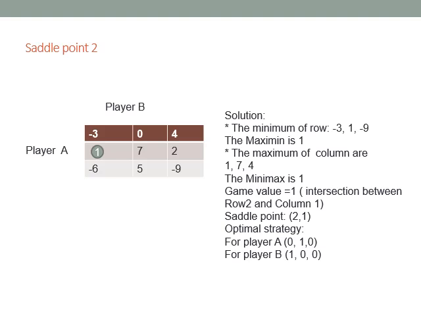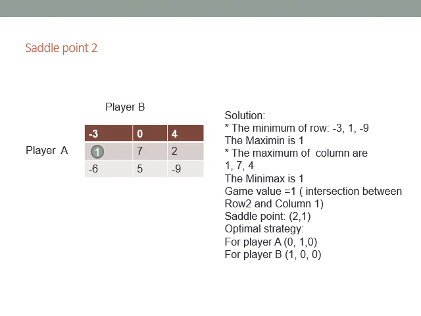The minimums of rows thus are -3, 1 and -9. Now, the maximum of the mentioned minimums is 1, because 1 is more than -3 and it is more than -9.